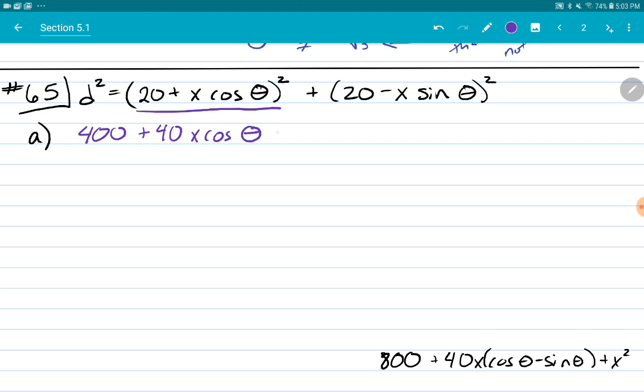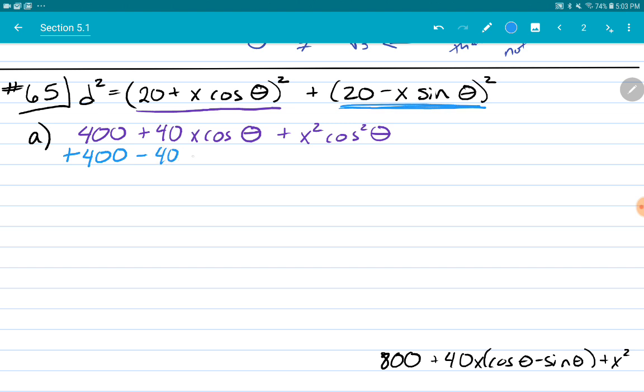And then the last term is x squared cosine squared theta. And then just keep adding here. I'll put a plus sign. Very similar results, except this time I'll have a minus sign for this one.